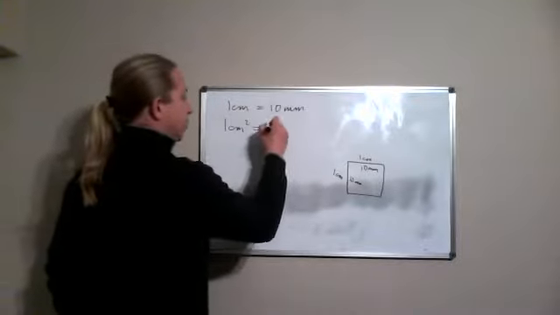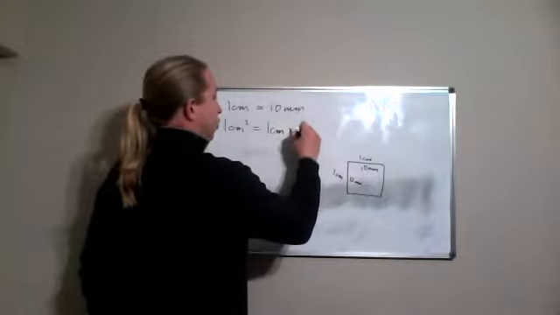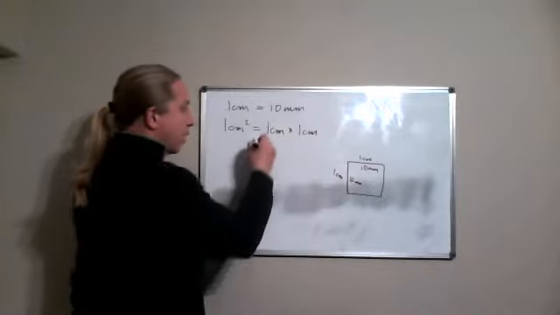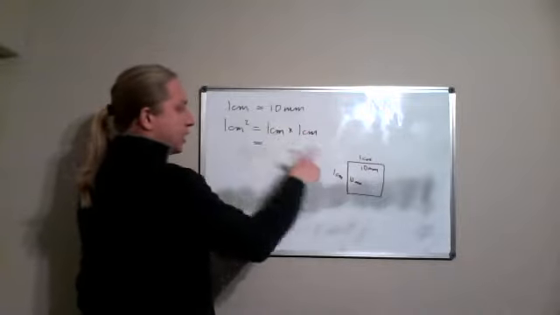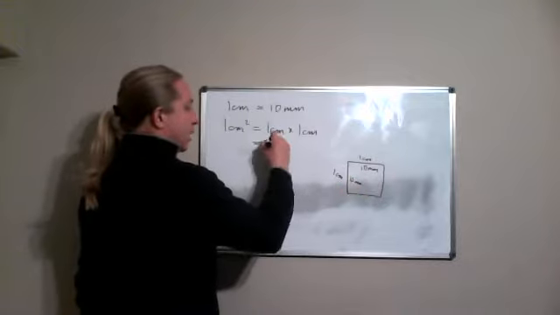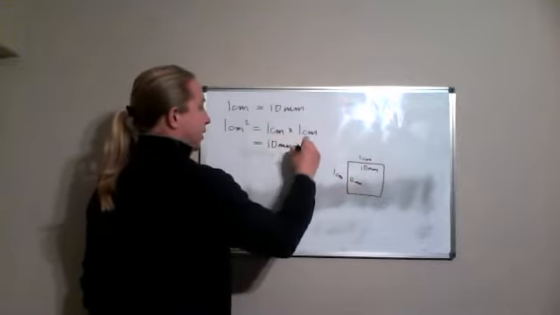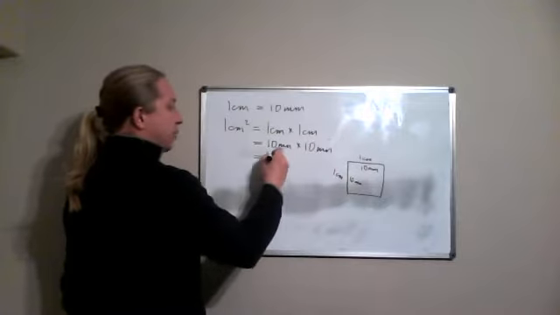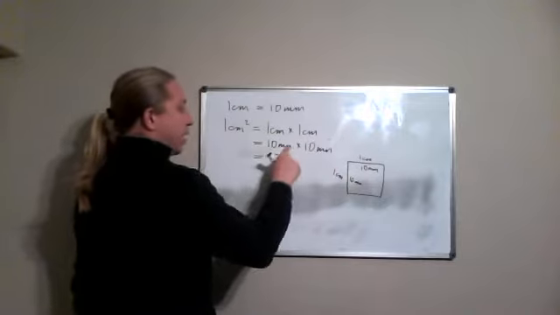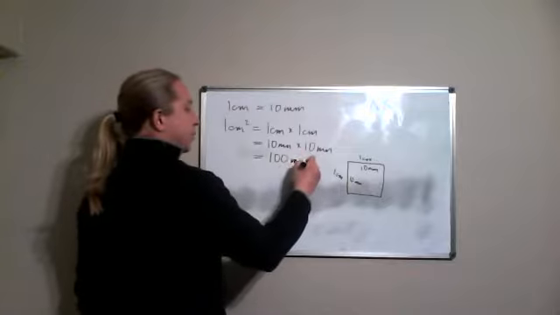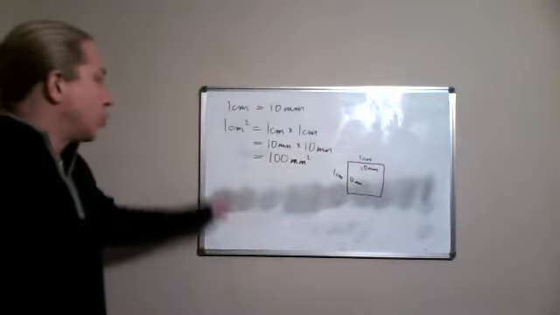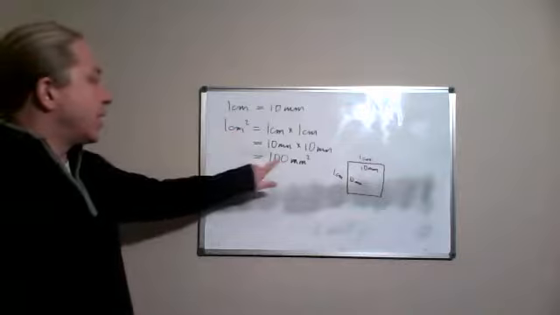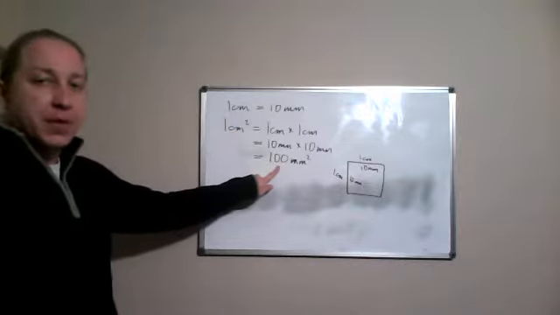So that equals 1 centimeter times 1 centimeter, and 1 centimeter is 10 millimeters, so it's 10 millimeters times 10 millimeters. We multiply 10 by 10, it becomes 100. Millimeters times millimeters gives us millimeters squared. So 1 centimeter squared is equal to 100 millimeters squared.